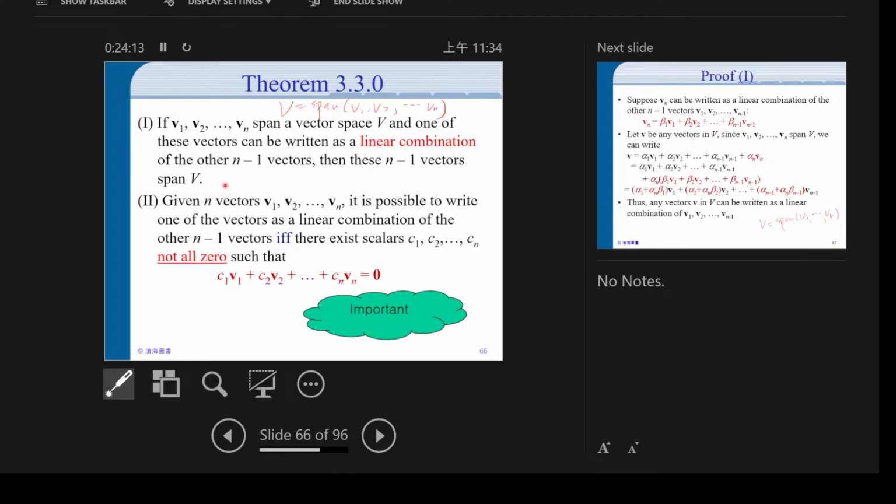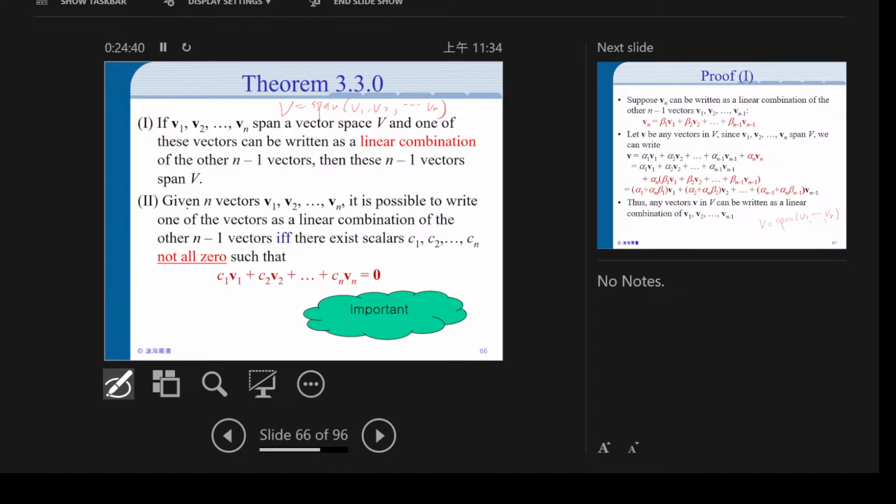Okay, and the second one, we say that we have a whole bunch of vectors. So really we have three things. We have whether we can remove one vector.